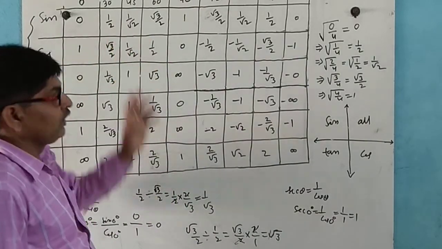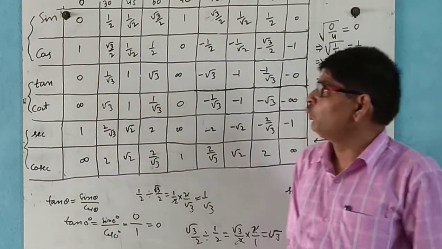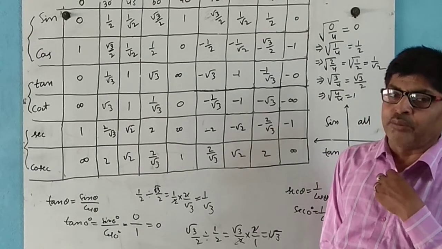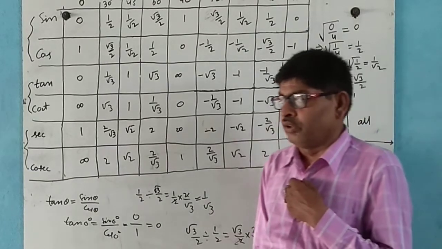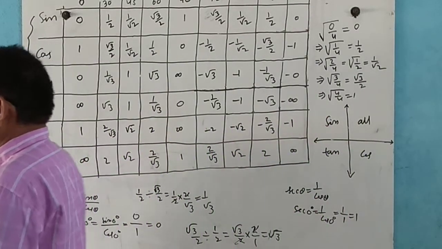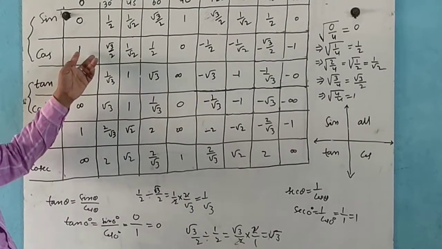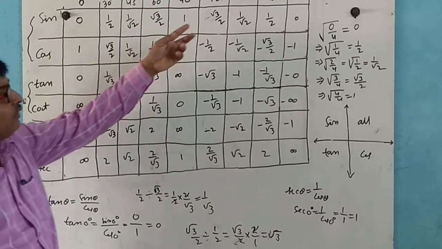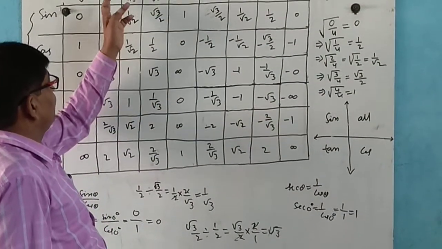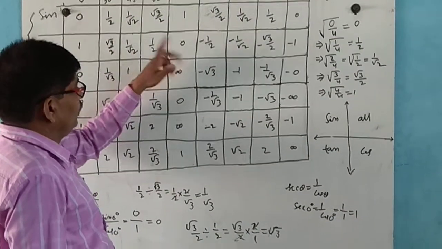As we know, sin 0 is 0, 30 is 1 by 2, 45 is 1 by root 2, 60 degrees is root 3 by 2, and 90 degrees is 1. I know that the value of sin 90 degrees is equal to the value of cos 0 degrees, and likewise 60, 30, 45, 45, 60, 30, 60, and 0, 90.